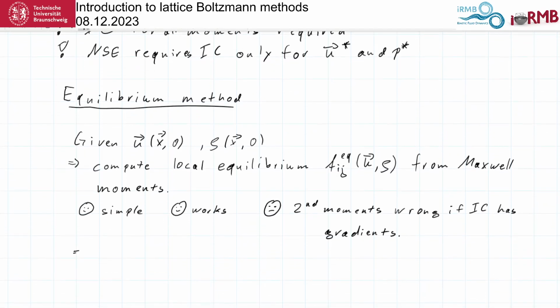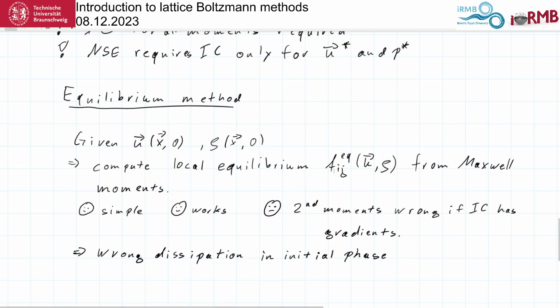So what would this mean if you do not initialize the second moments correctly? You get wrong dissipation, and this means you have the wrong start in your simulation. I mean, you can easily see in our toy, when you remember you start the simulation.